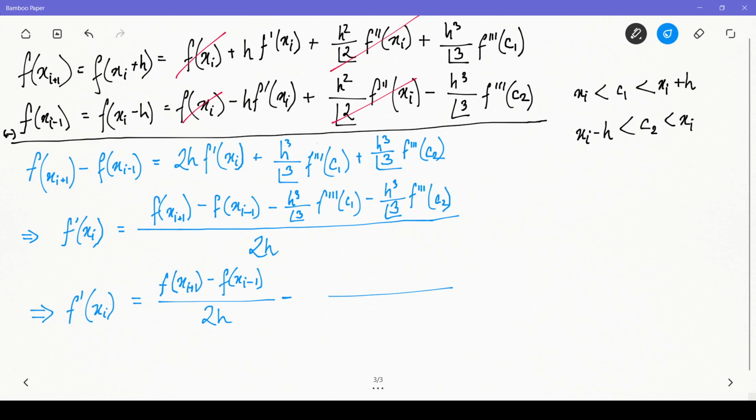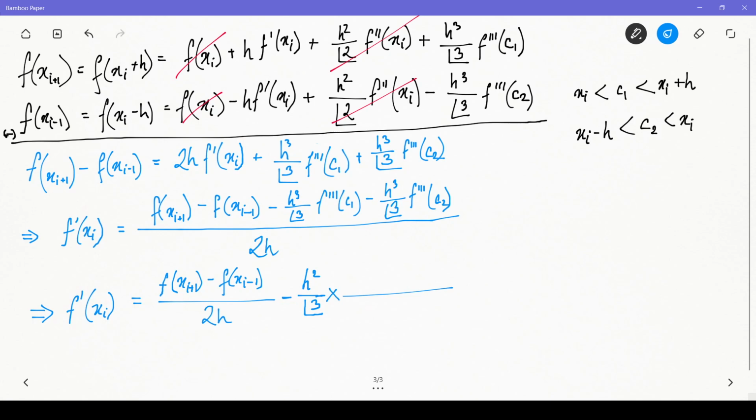So let's write it as something like this, h square by 3 factorial. Let's erase this term a bit. We are going to isolate out this 2 as well. So h cube by h is h square, and this 3 factorial will come over here.